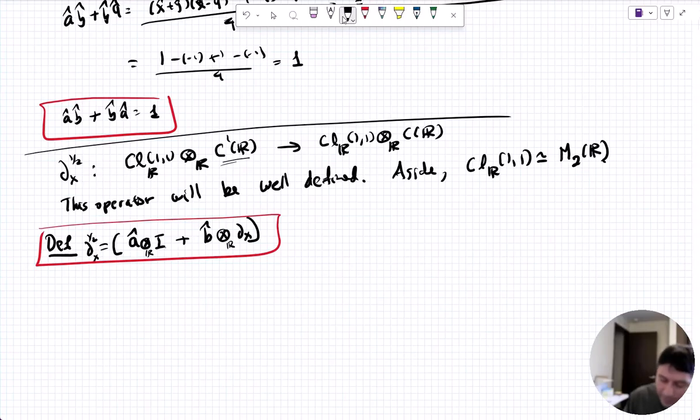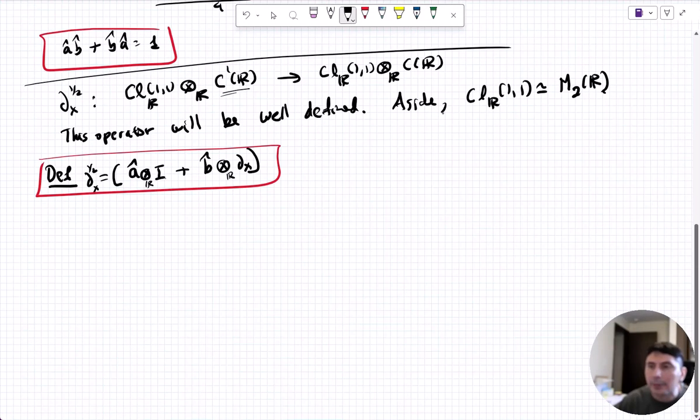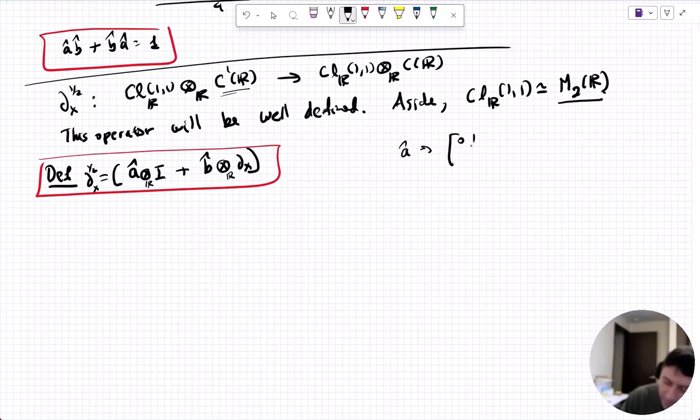But before we go on, let's consider this definition right here. There are 2 by 2 matrices, right? So A hat in this case corresponds to the matrix with rows (0, 1) and (0, 0), and B hat corresponds to the matrix with rows (0, 0) and (1, 0). If you do this calculation, it satisfies all the relations, using the A and B basis.